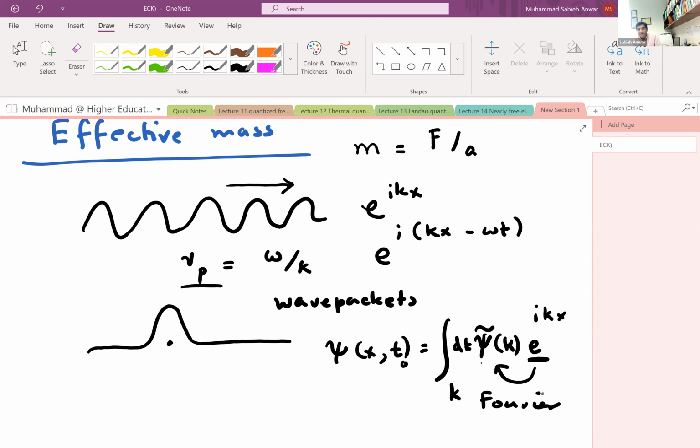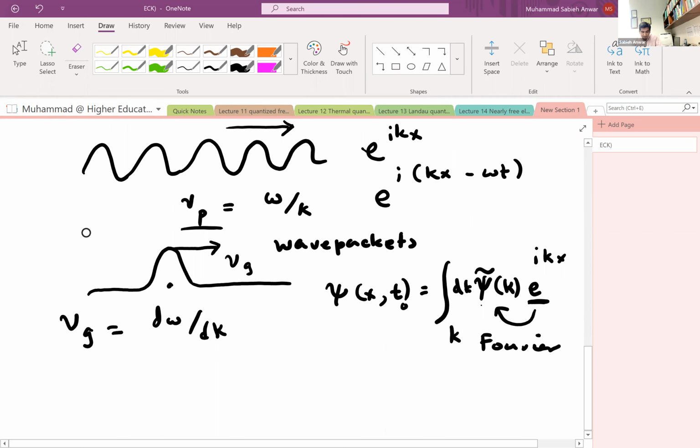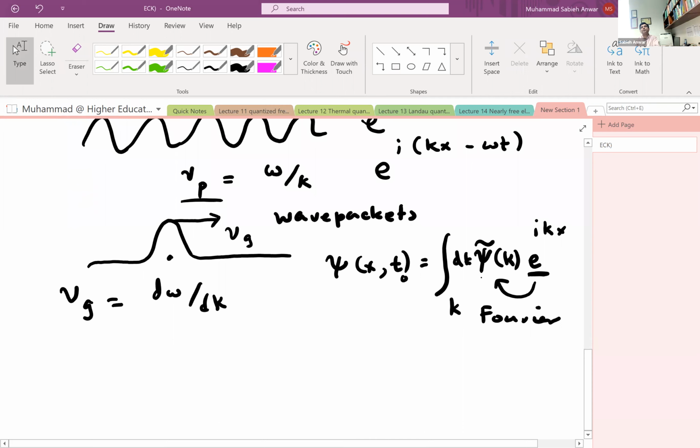Now, the wave packet could also be moving with some speed. That speed is called the group velocity, and we define the group velocity by d omega over dk. I'm going to refer you to one of my lectures from the modern physics class, which talks in detail about the distinction between the phase velocity and the group velocity.